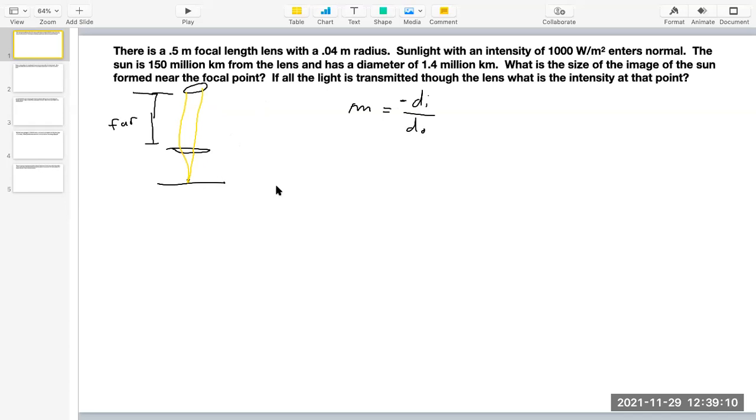So how big would the image of the sun be? If you had a very flame resistant screen and you put it right here, how big would the bright dot be from the sun?